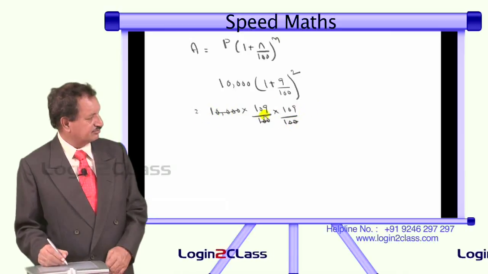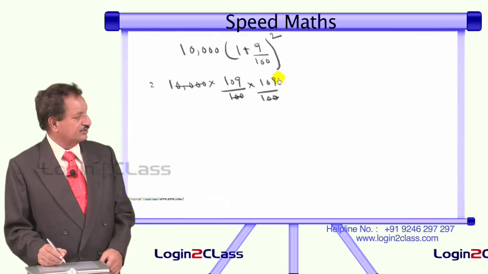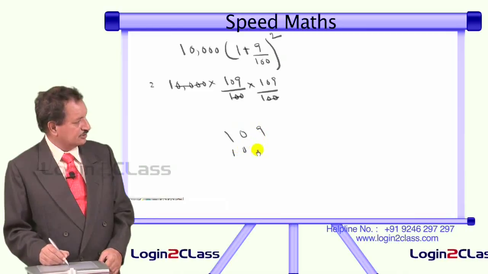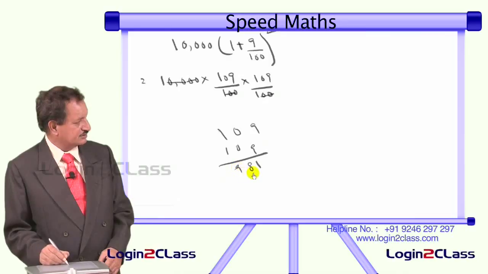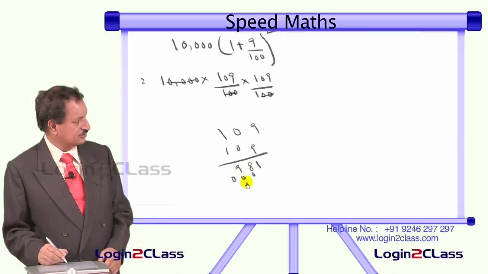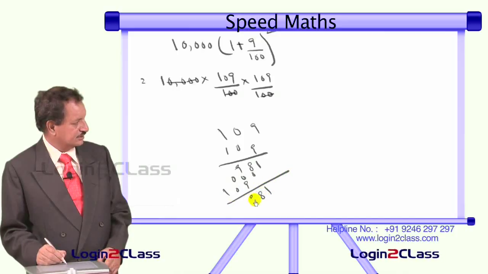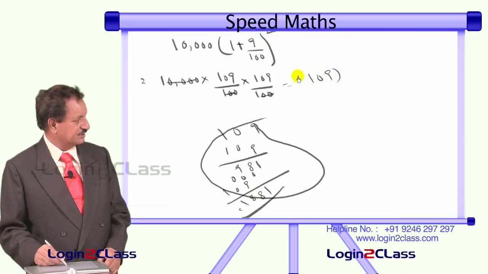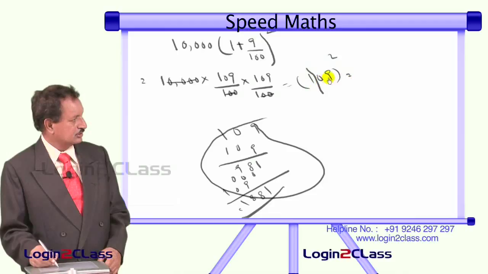So what is remaining? 109 into 109. Generally, how will the students do? 109 into 109: 9 9s are 81, 9 1s are 9, 0 0 0, again 9, 0, 1, and you get 11881, like this. But this is all not necessary in speed math. Simply 109 whole square.